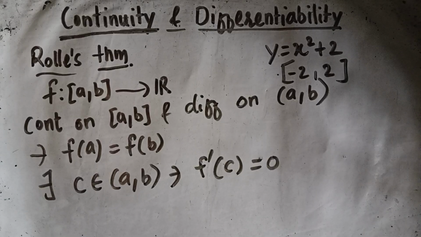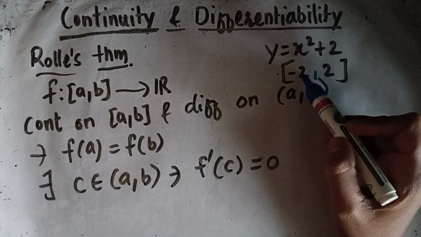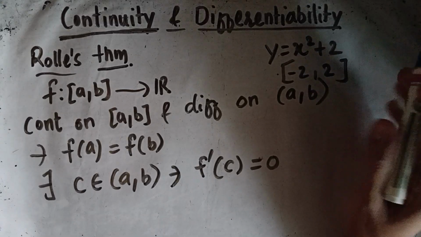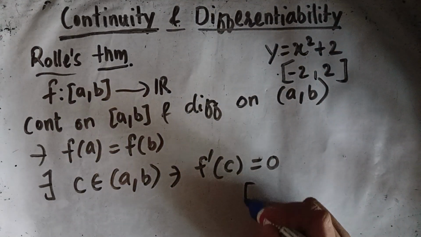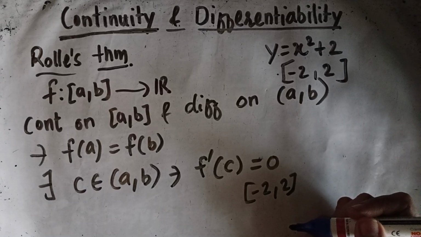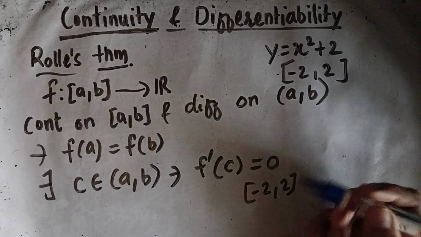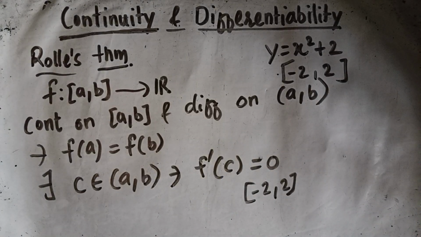This will be same, right? Because here x square is given, so -2 square and 2 square will be same. So it is continuous on the closed interval -2 to +2. And differentiability also you have to see, that is right hand derivative and left hand derivative. So it is also differentiable.